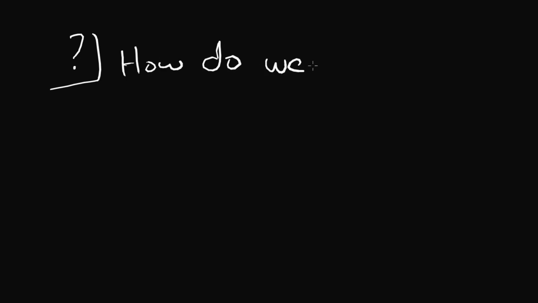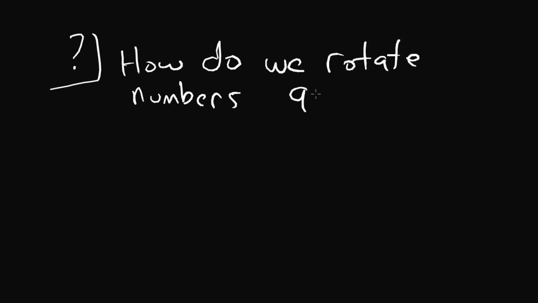Thinking about this equation, p prime of t is equal to p of t rotated 90 degrees, leads us to the following question. How do we rotate numbers 90 degrees?